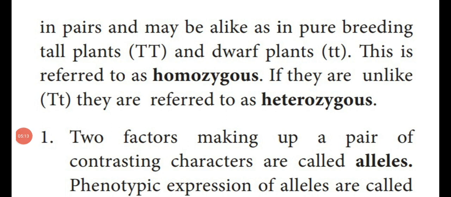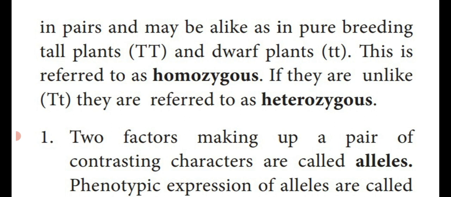These two factors, dominant and recessive factors, occur in pairs, and also they look like the parental pure breeding, that is capital TT, that is dominant tall plant, and small tt, that is the dwarf plant.